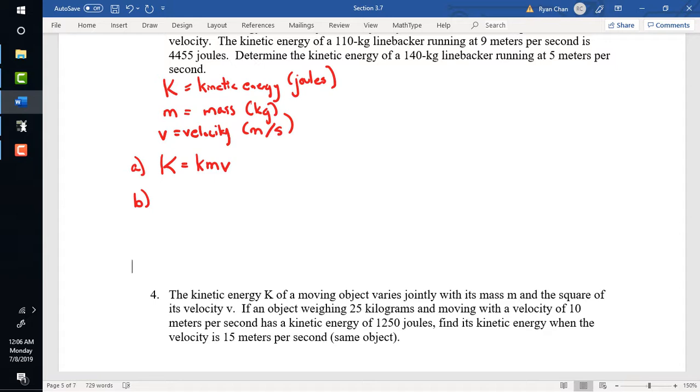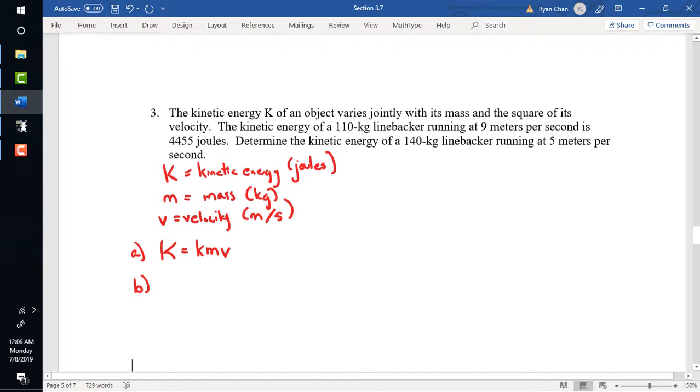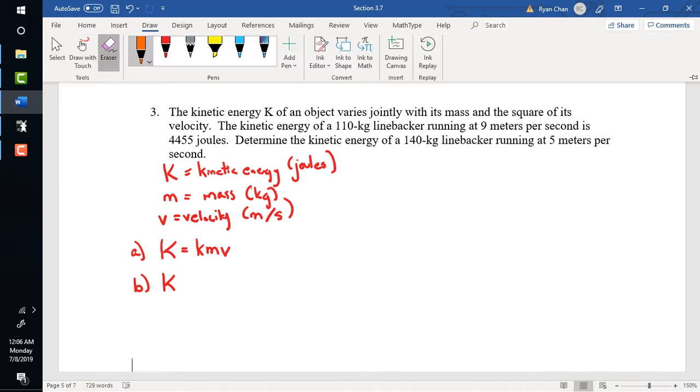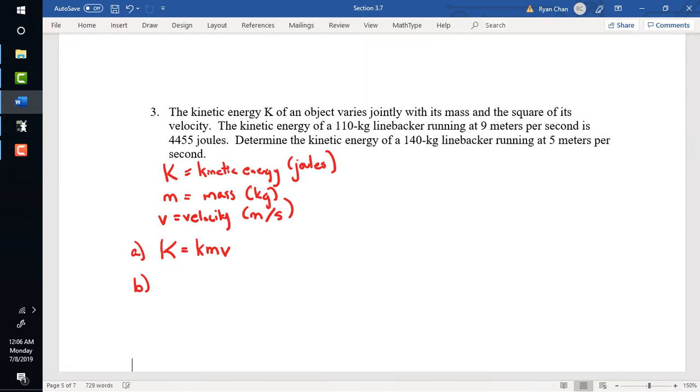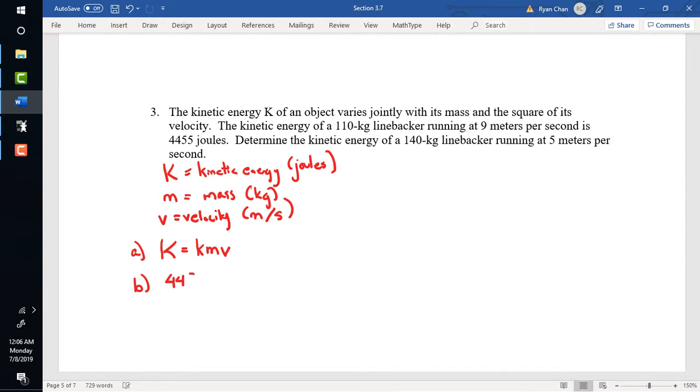So let's take a look at here. So I read the second sentence right here. So big K, oops, sorry, let me go back. So all I do is I replace everything as normal, like what we've been doing before. So 4455 joules is going to be big K. And then the little k stays, and I have the mass of 110 times 9.